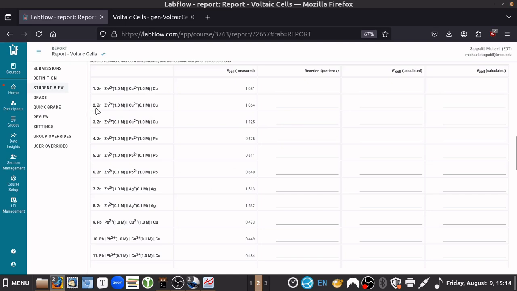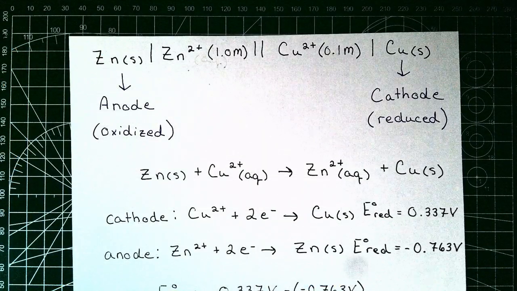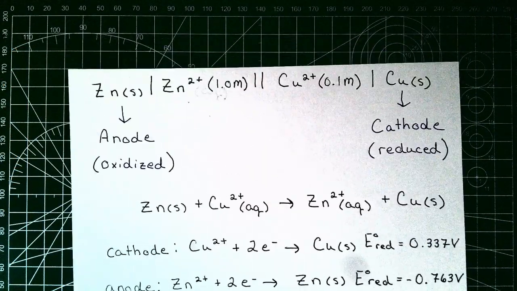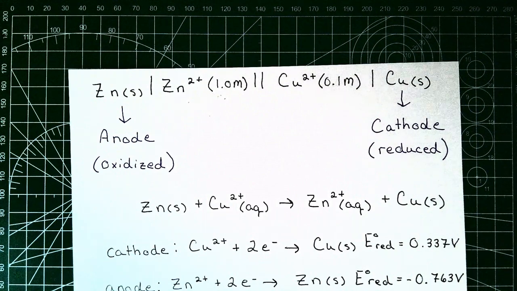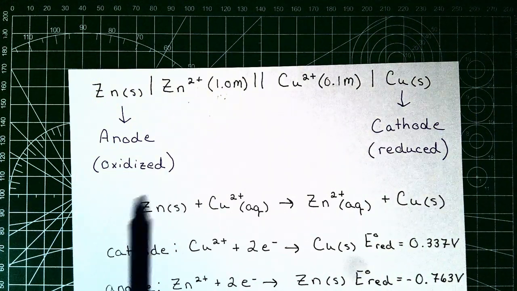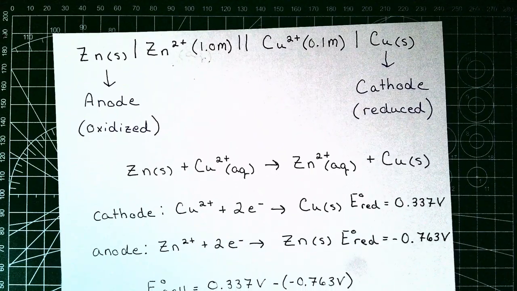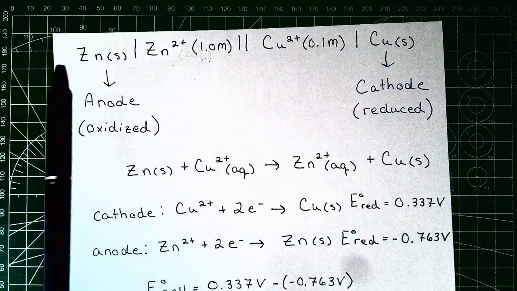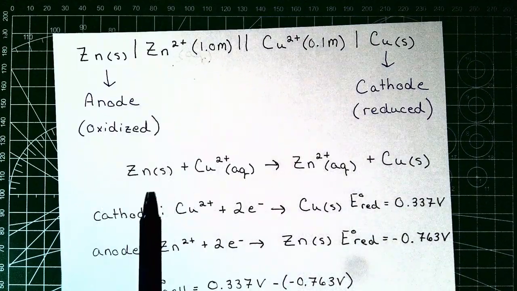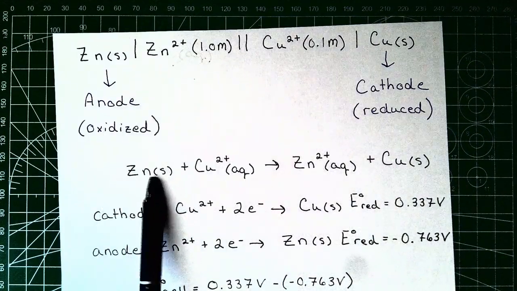So the first thing we do is start with this cell notation right here. We're going to recognize that we start with the anode on the left-hand side and the cathode on the right-hand side. If we write out the reaction for this cell notation, we start with the solid anode on this side.